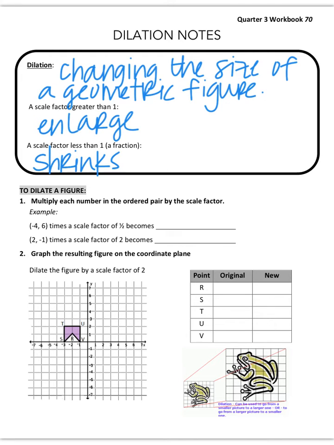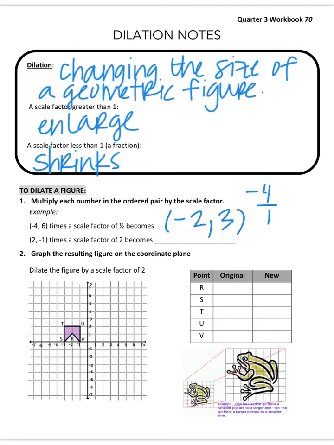Alright, so down here, negative 4, 6 times the scale factor of 1/2 becomes negative 2, 3. Just take half of those numbers or divide them by 2.